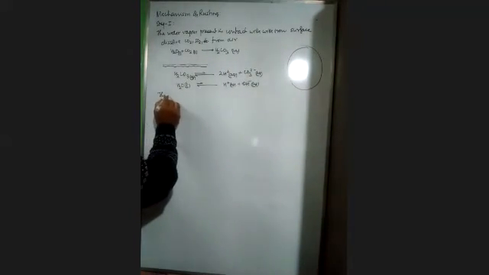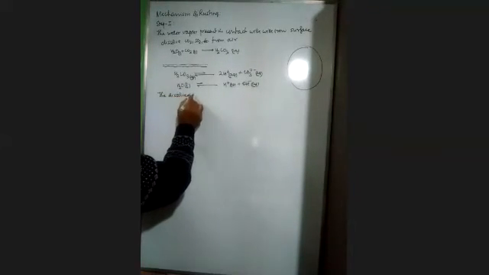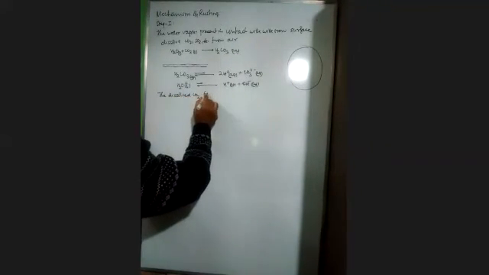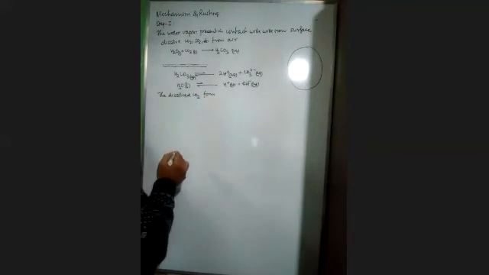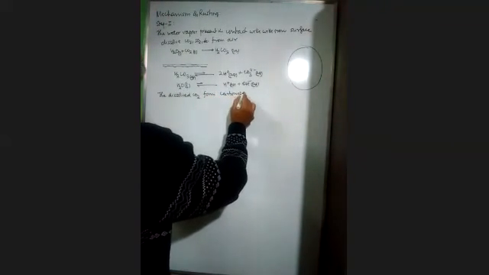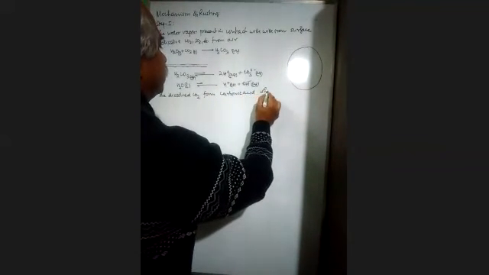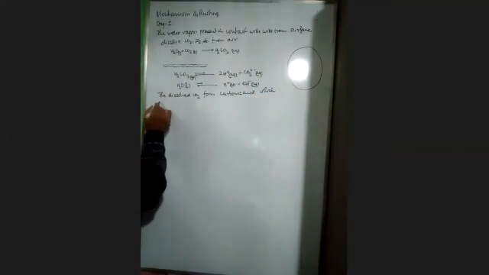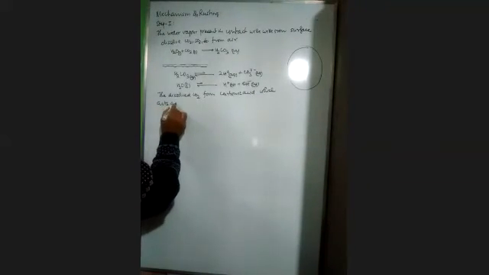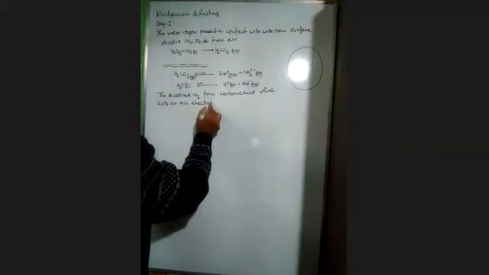The dissolved carbon dioxide forms carbonic acid, which acts as an electrolyte. Now write.